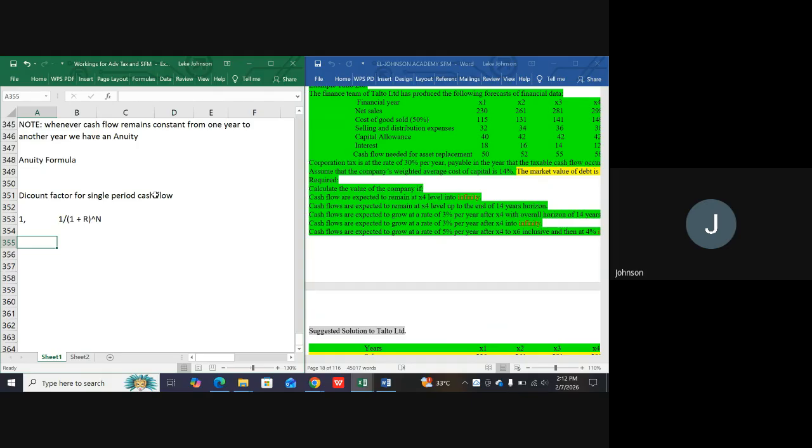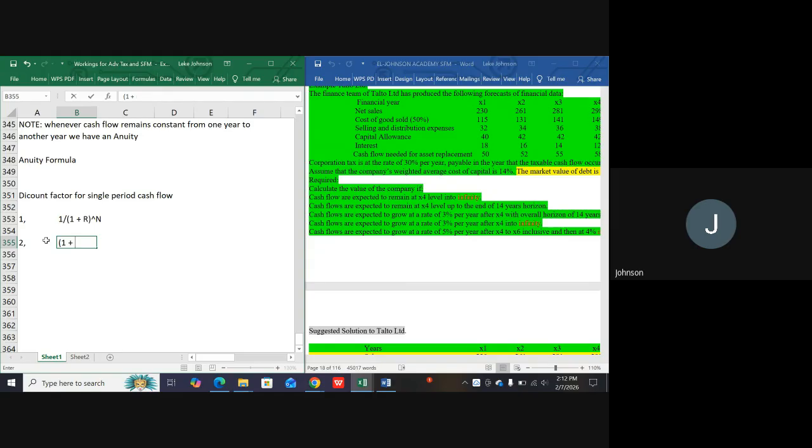There's another method that we always use. The next method, number 2. Now the next method we are going to look at: open our bracket, 1 plus r, close your bracket.